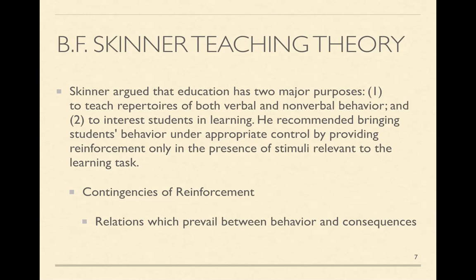The term contingencies refers to the relationship or interrelationship between these events, so things that happen before and things that happen immediately after an event occurs. So contingencies of reinforcement describe an antecedent, behavior, consequence link in which the consequence increases the likelihood that behavior will occur again in the presence of an antecedent.